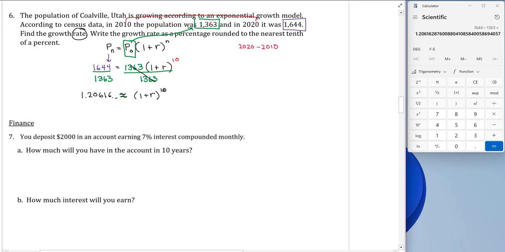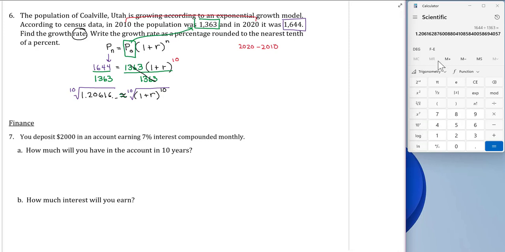In order to get rid of the power, now we don't have to use a log because I do know the power. So I can undo a power that's known by doing a root or using a root function. To do this, I use the 10th root because I want to get rid of the 10th power. So I'm going to take the 10th root of each side.